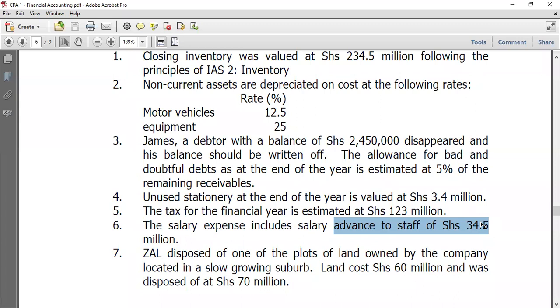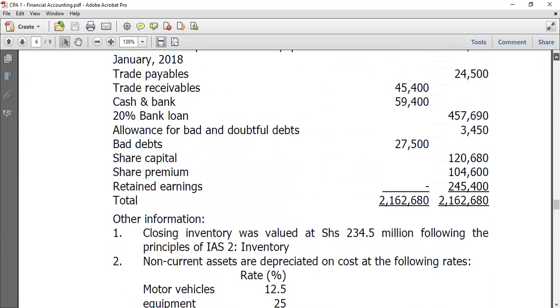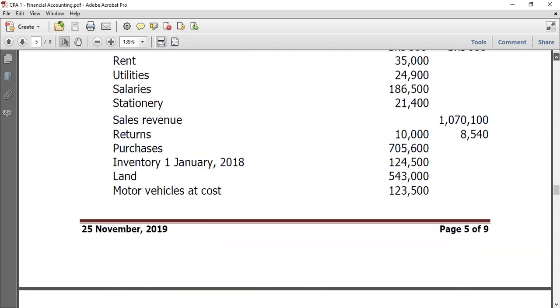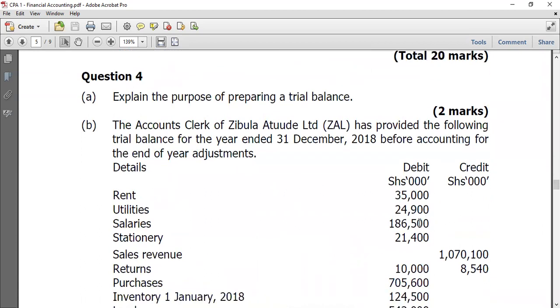And since it relates to the next financial period, we are going to exclude it. You get it? It's not going to be part of the other value of 186. You understand? So this is 186,500.